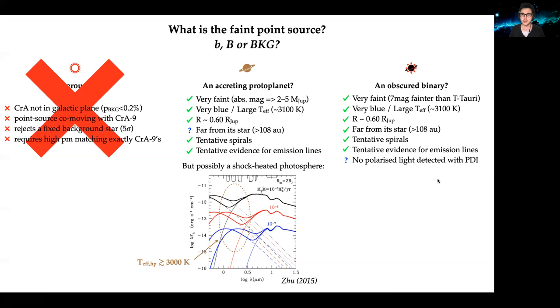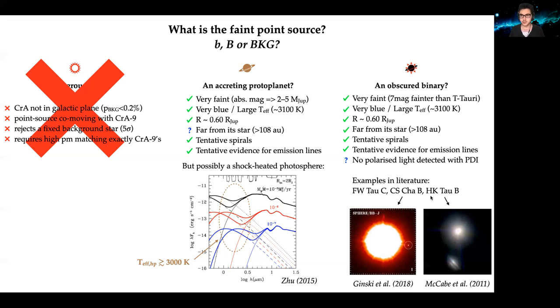So this scenario has been suggested for two or three objects in the literature, although in those cases, polarized light was detected from the source, which is not the case in our polarized light observations. Unfortunately, we didn't find anything at the location of the point source in polarized light.